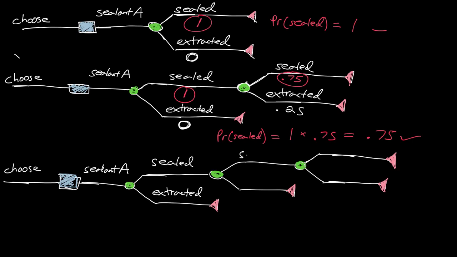Right, same thing again. So you choose sealant A, 100% of them are sealed, 0% are extracted. If it's sealed, there's some chance it stays sealed, some chance that it's extracted. Do another cycle, right? You have some chance that it stays sealed and some chance that it's extracted. So you can see how these branches of the tree repeat themselves and expand infinitely outward, or expand outward until all of the teeth have been extracted. We just run it for these cycles here, cycles 0, 1, and 2.